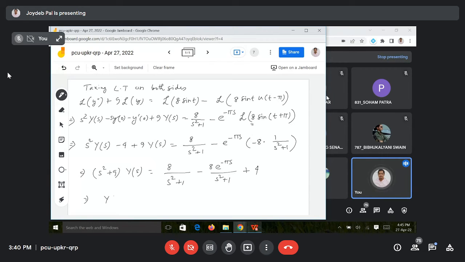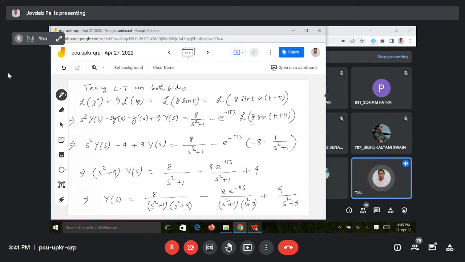Therefore Y(s) is 8 by (s² plus 1)(s² plus 9), minus 8 e to the power minus pi s by (s² plus 1)(s² plus 9), plus 4 by s² plus 9.